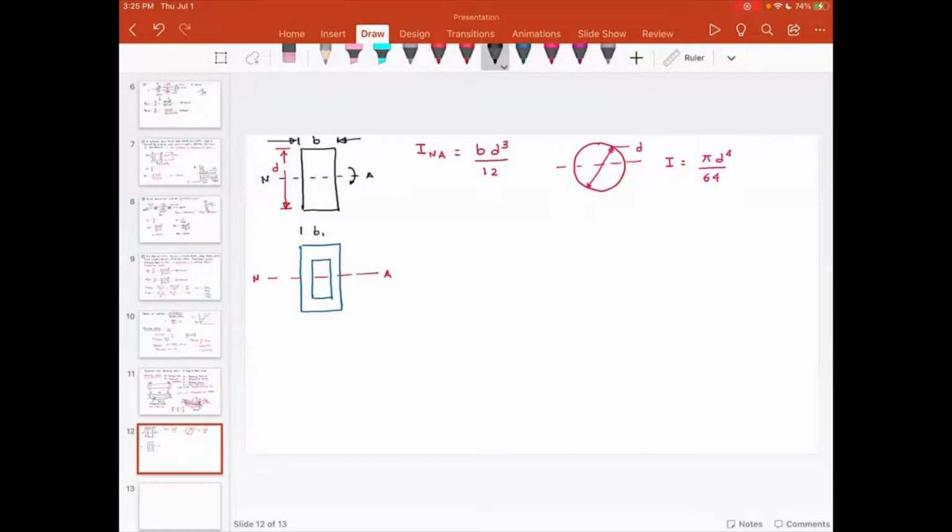This is B1, this is D1, this is B2, and this is D2.